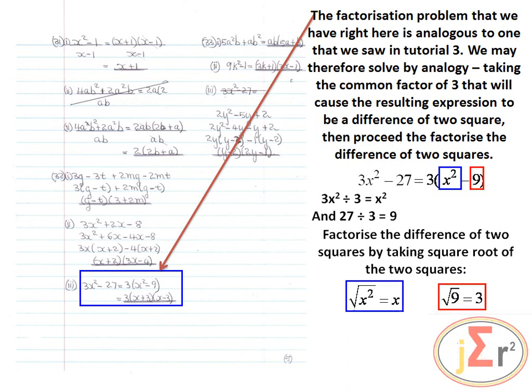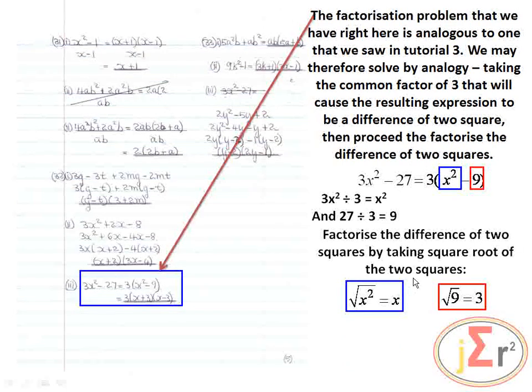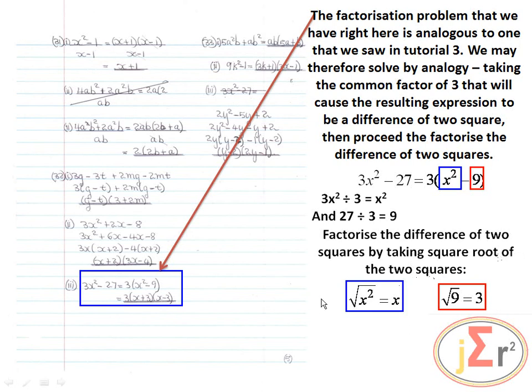The square root of x squared is x, since square and square root are inverse operations that eliminate each other, and the square root of 9 is equal to 3. As usual, we will place them in their pairs of brackets, and we will separate them by a positive sign in one case and a negative sign in the other case.